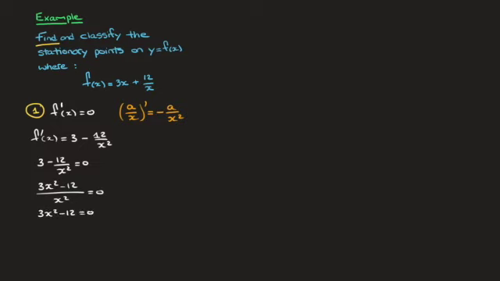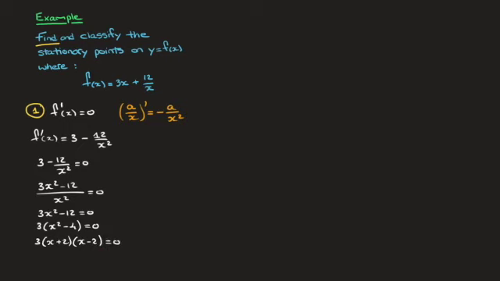We're now faced with a quadratic equation which we can solve by factoring, and I'll start by saying this is the same thing as 3 times (x squared minus 4) equals 0. And now looking at x squared minus 4 as x squared minus 2 squared, I use the difference of two squares formula and state that this is 3 times (x plus 2) times (x minus 2) equals 0. And we're now faced with a product of 3 factors which equals 0.